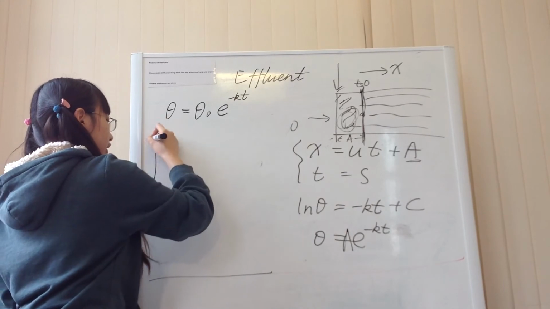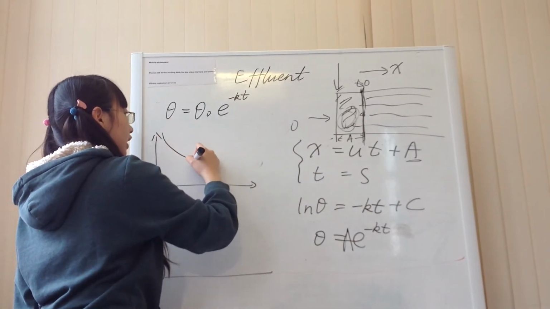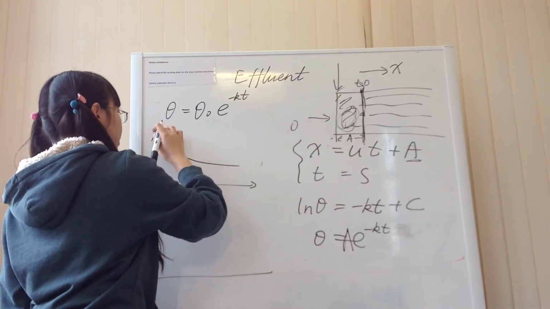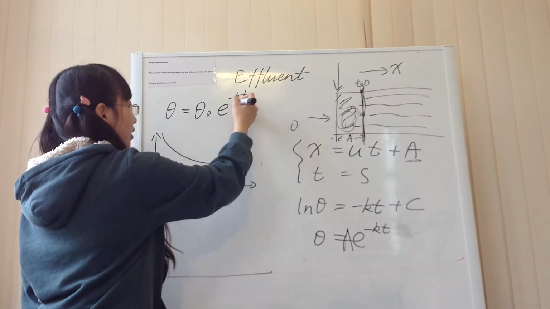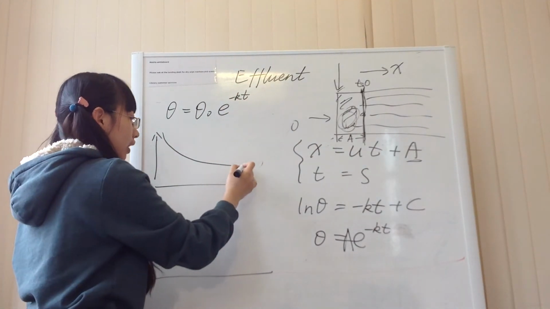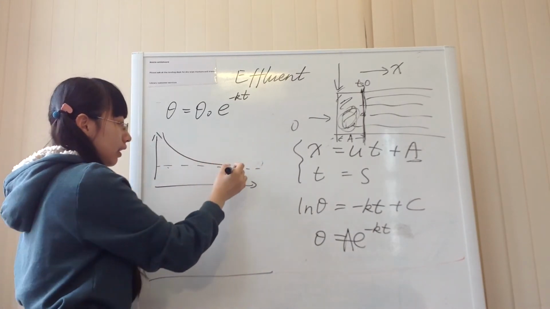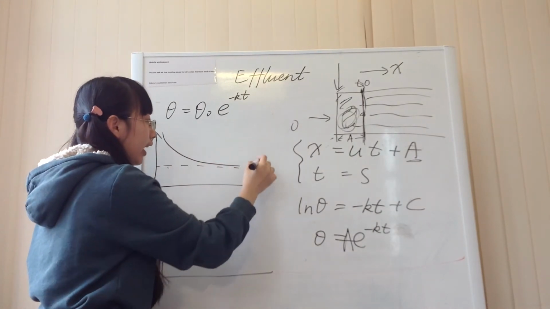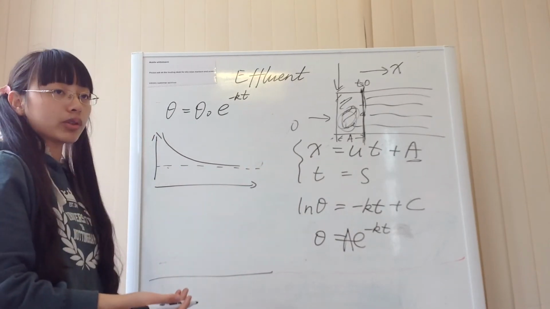If you plot this, you will get something like this. Well, probably like this, because here is a decaying exponential form. And basically, if you want to reach a certain point, it won't reach unless t equals infinity. So basically, it will never reach the normal steady state.